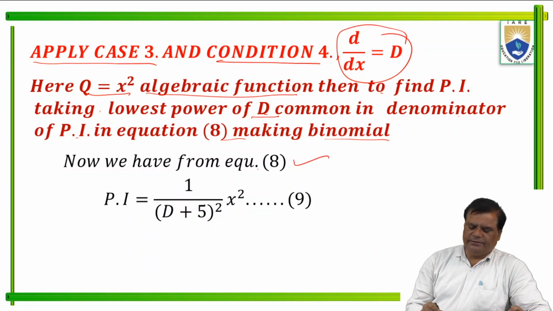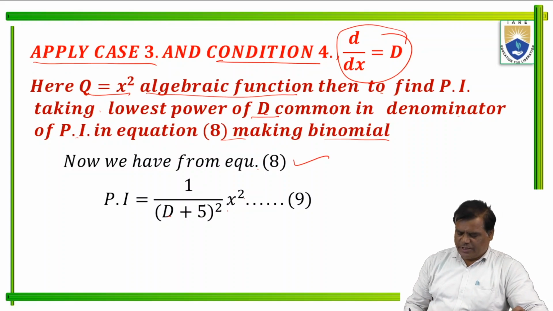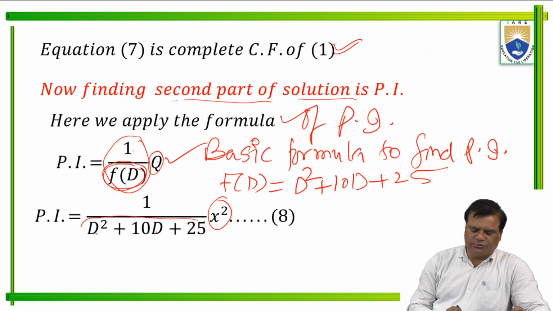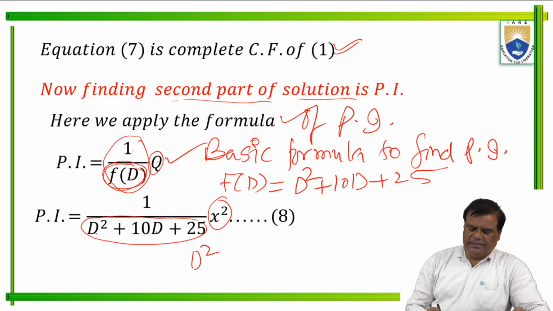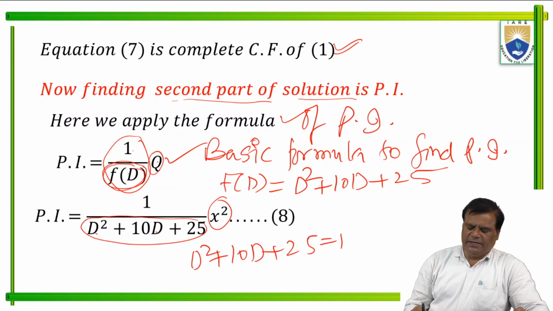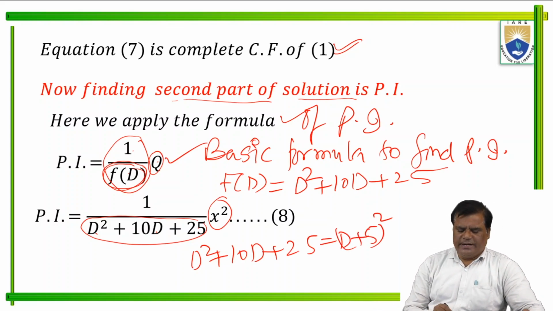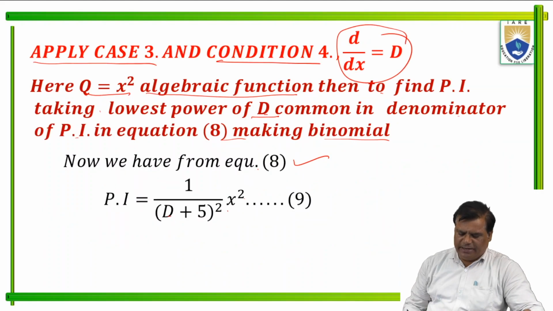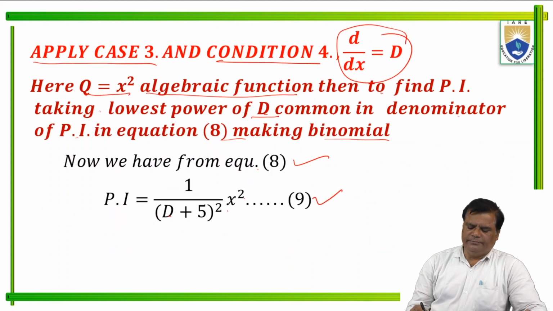From equation 8 we have 1 upon (D plus 5) square into X square. FD is a perfect square, D square plus 10D plus 25, which is D plus 5 whole square. So I am writing here D plus 5 whole square in next equation 9.